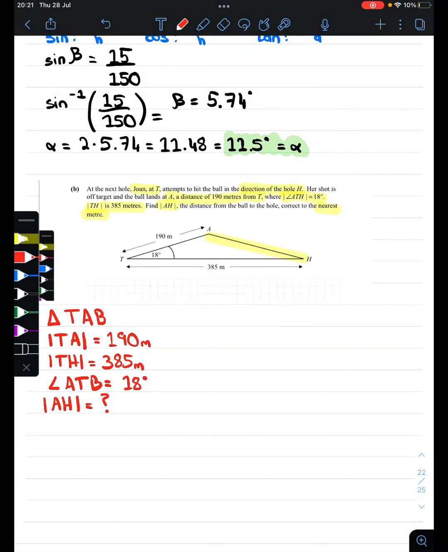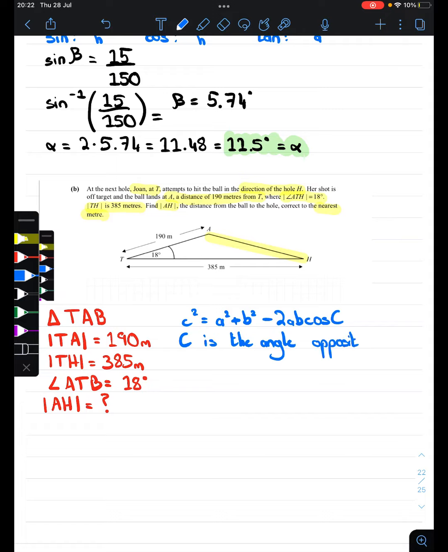We can use the cosine rule, which is c squared equals a squared plus b squared minus 2ab cos C, where C is the angle opposite side c.